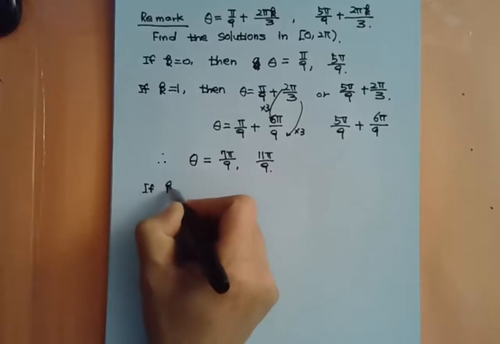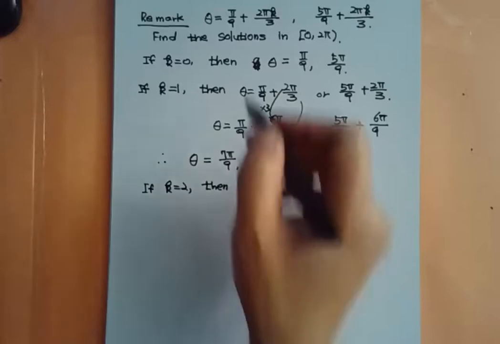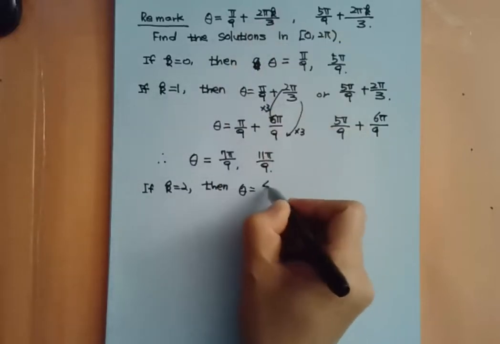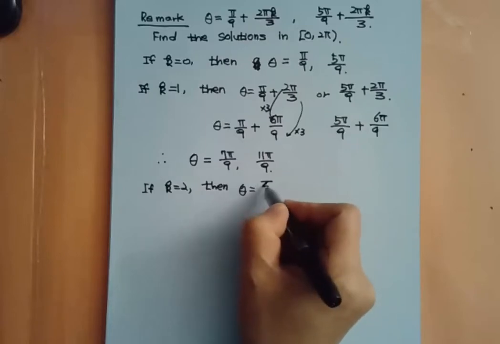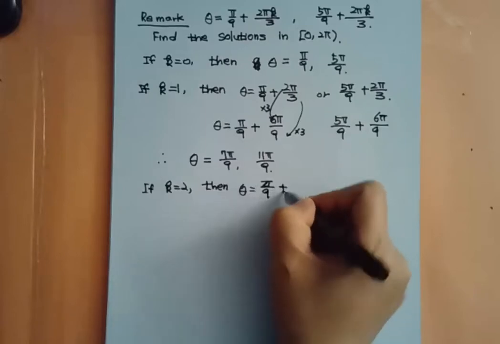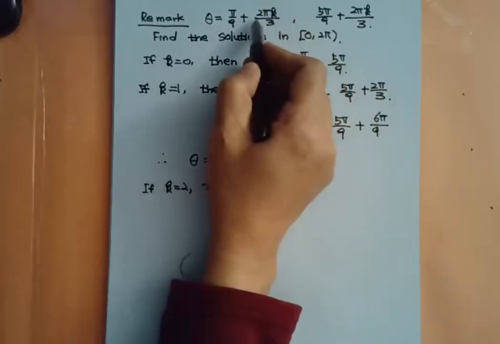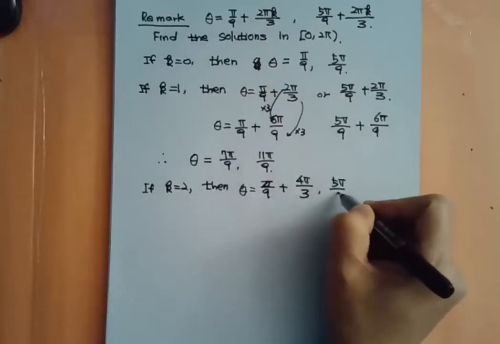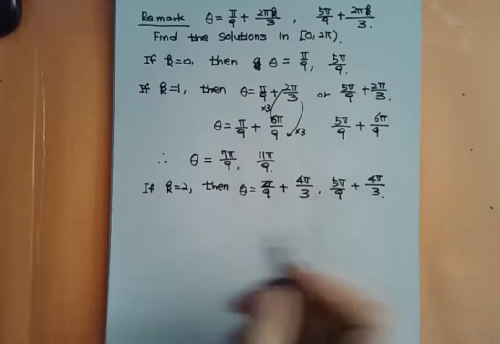So we have theta equals 7 pi over 9 and 11 pi over 9. If k equals 2, then we again just use this one, then theta equals pi over 9 plus 4 pi over 3. So 2 times 2 will make 4. And the next one is 5 pi over 9 plus 4 pi over 3.